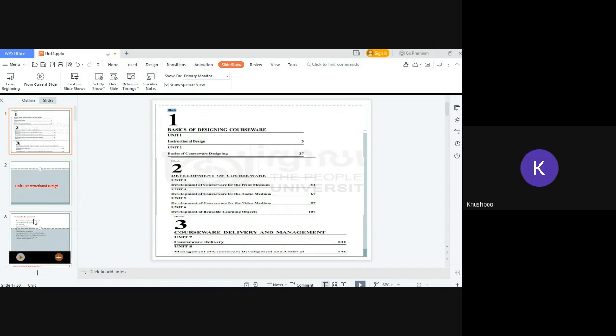Both subjects have very different names, so it is very confusing. To me it is being given as MES 134. So ma'am, what is the name of the subject then? The subject is design, development and delivery of courseware. Because ma'am, if it is 034, I think it is computer in education or something. No, it is not 034, it is 134.